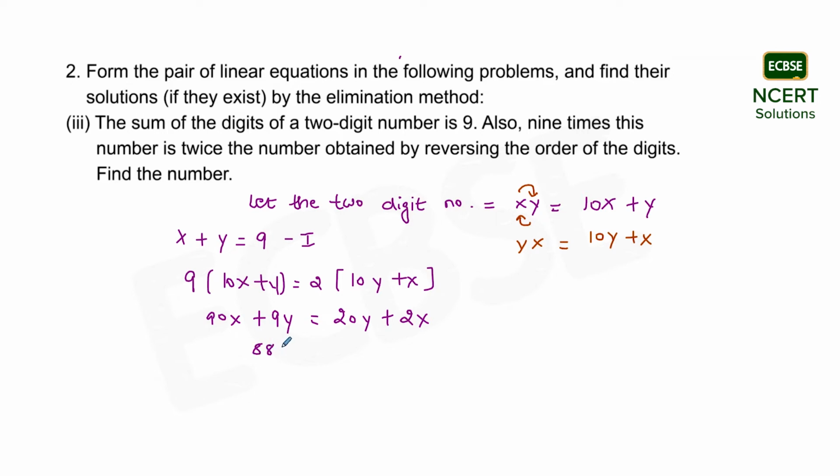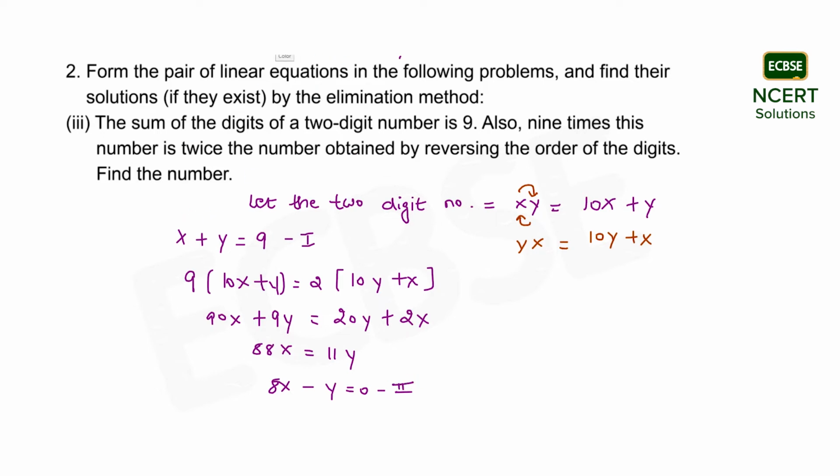Or we can write it as 88x is equal to 11y, which can also be written as 8x minus y is equal to 0. So, this is the second equation formed from the given problem.